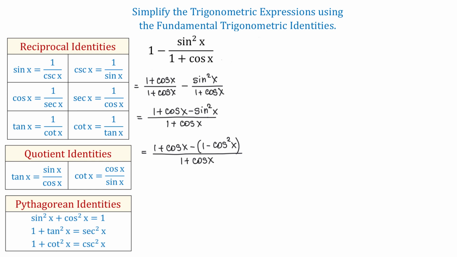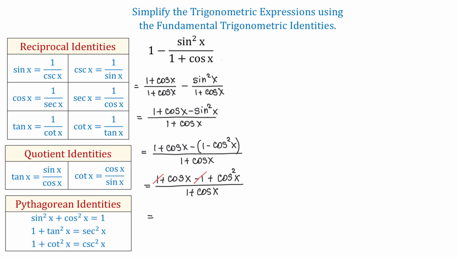In the next step I will distribute the negative and remove the parentheses. Then we will have 1 plus cosine of x minus 1 plus cosine squared of x all over 1 plus cosine of x. Then I will cancel 1 and negative 1, and from these two terms I will factor out cosine of x.